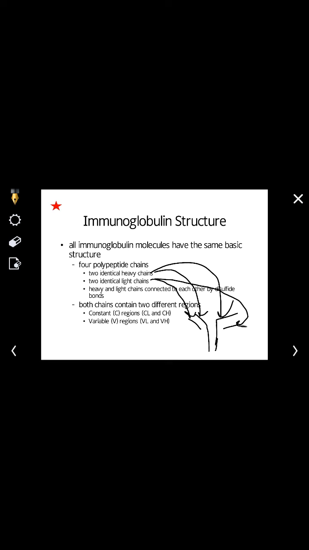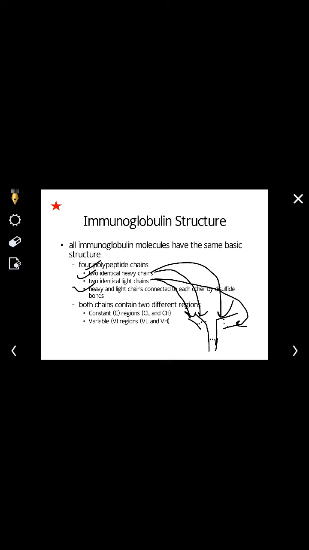The heavy and light chains are connected to each other by disulfide bonds. And both chains contain 2 different regions, constant regions and variable regions.